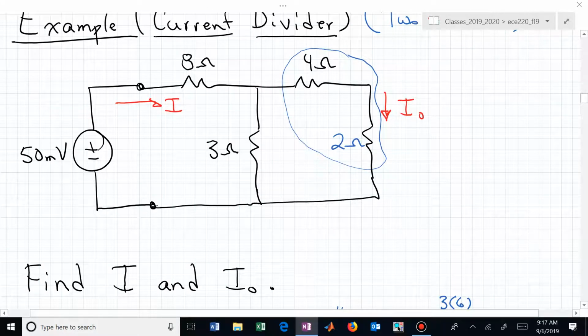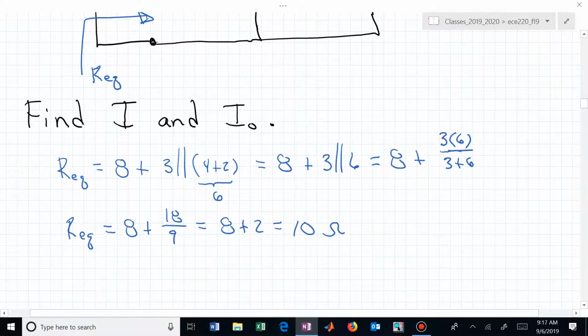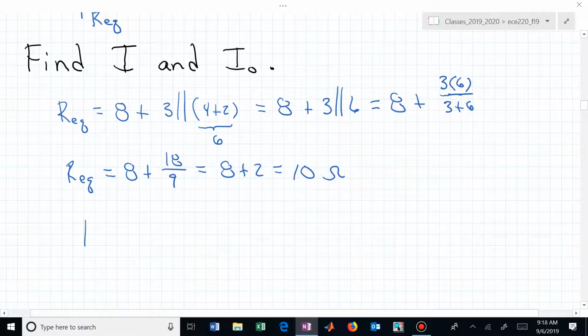That 50 millivolt voltage source is now seeing across its terminals this R equivalent of 10 ohms. And if you want, you might just say, let me just keep track of this. Here's my 50 millivolts.